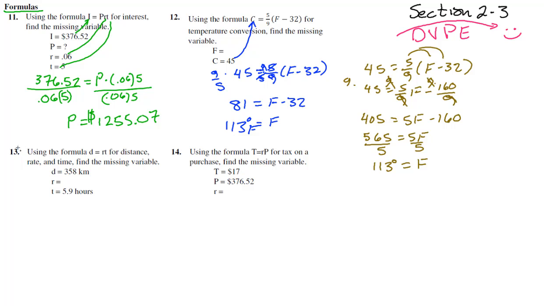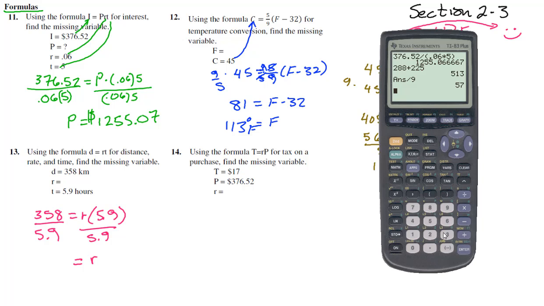All right, the next one, number 13. Using the formula D equals RT. Find the missing variable, distance, rate, and time. So we have D is 358 equals rate, we don't know, times time, 5.9. And now solve for R. Look at that, we're in happy math land. Divide by 5.9 on both sides, and we get R equals 358 divided by 5.9.